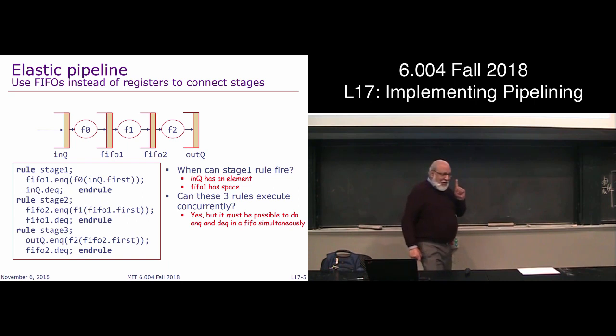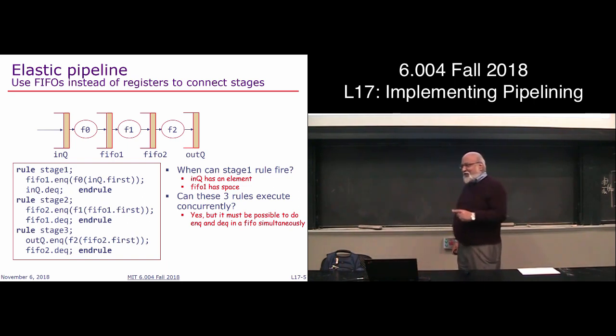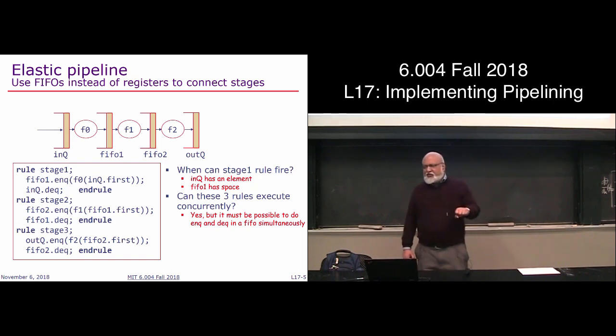Right? But there is a caveat. They interact through these FIFO 1 and FIFO 2. So if somebody is trying to enqueue in FIFO 1 and somebody else is trying to dequeue from FIFO 1, then your FIFO implementation has to be such that this enqueue and dequeue can be done concurrently.